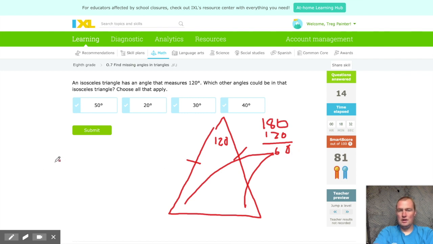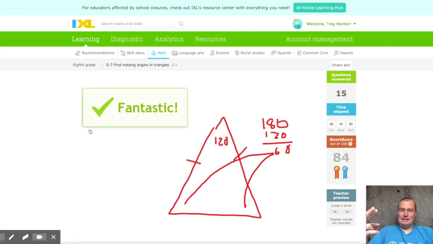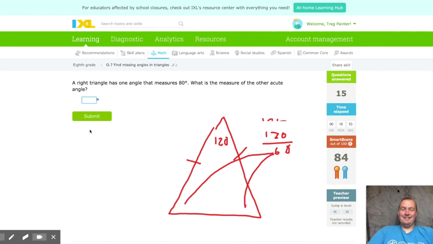So 60 degrees divided by 2 is 30. And I don't think there's any other right answer. I don't know how they're getting 50. Don't do it. 20, no, because again, so I'm going to try 30. Yeah, I got it right.